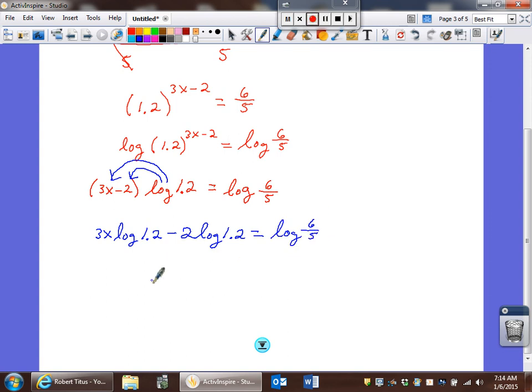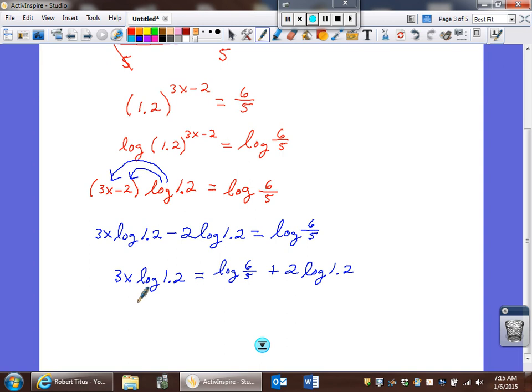All right, we're going to go ahead and move this term to the other side because it doesn't have an x. This is the only one that has an x. So we'll leave this guy over here, 3x log of 1.2 equals log of 6/5 plus, because this guy was minus over here, is going to be plus over here, 2 log of 1.2.